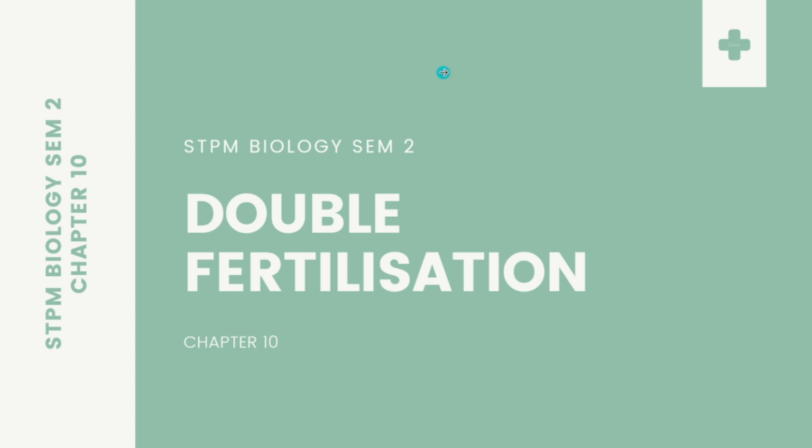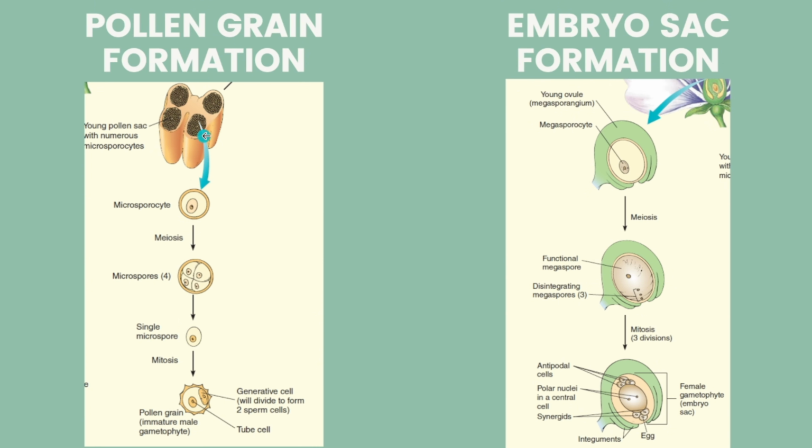The microsporangia contain many microsporocyte cells. Microsporangia is the general term for the pollen sac.